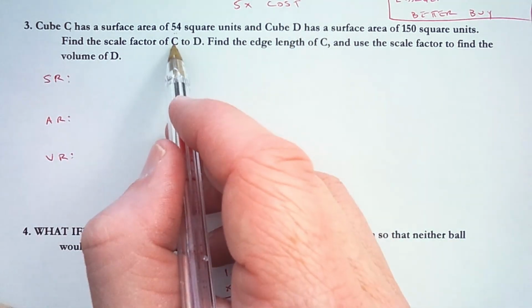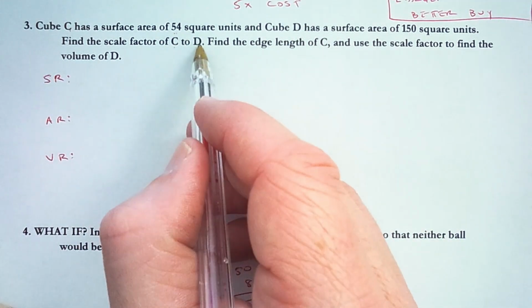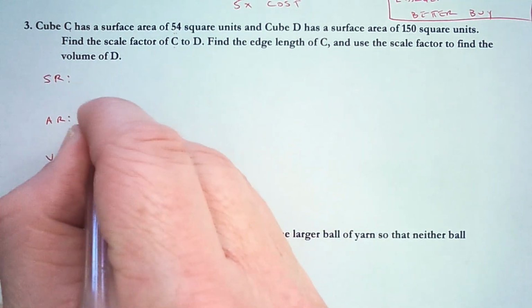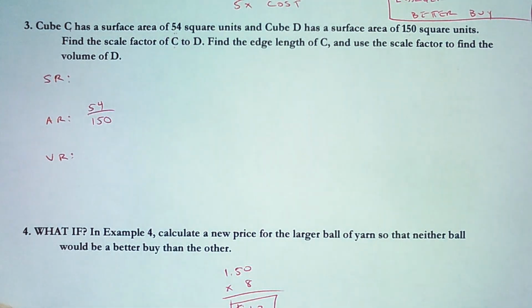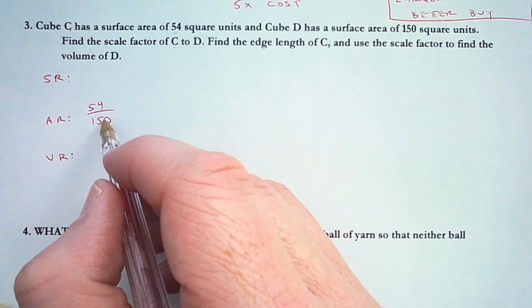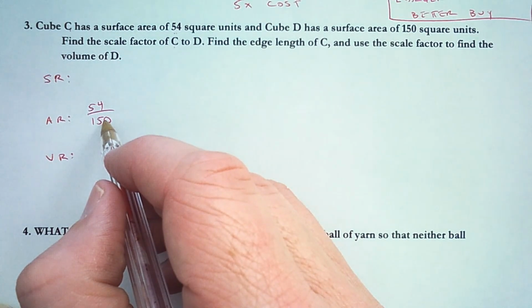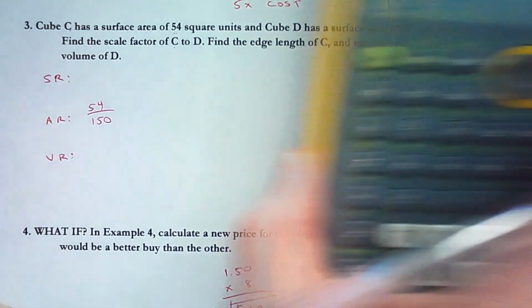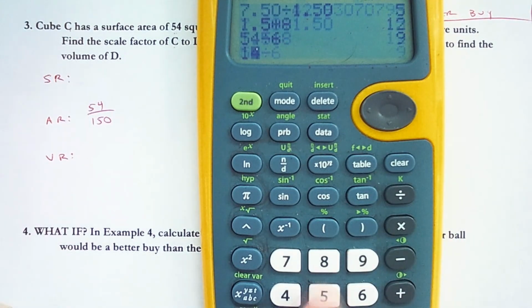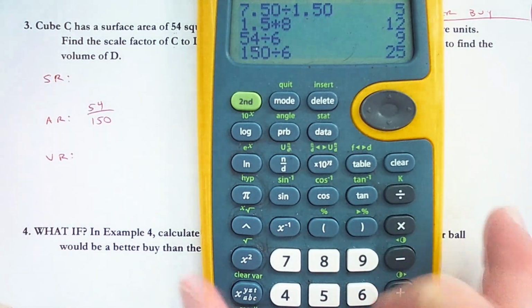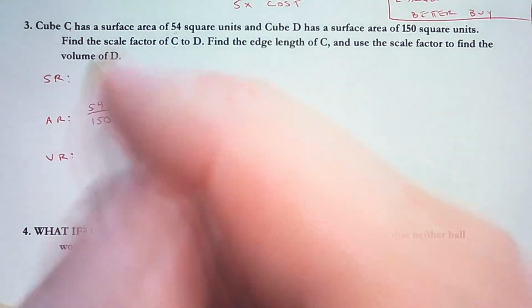54 square units for cube C, 150 square units for cube D. Okay, so if we're going in the ratio of C to D, then we're going to have 54 over 150 as our area ratio. Now, let's simplify that. What goes into 54 and 150? I think 6 does. Let's try 6. 54 divided by 6 and 150 divided by 6 is 9 and 25.